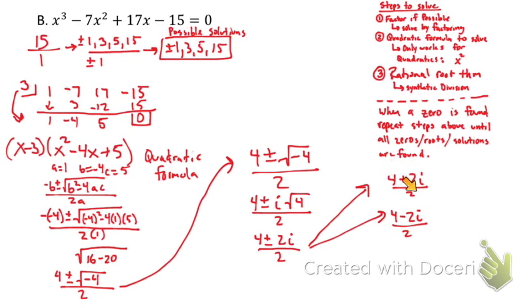So I'm going to divide 4 by 2 and then 2 by 2. 4 divided by 2 gives me 2, and then 2 divided by 2 gives me plus 1i. Same idea here: 4 divided by 2 gives me 2, and then negative 2 divided by 2 gives me negative 1i.